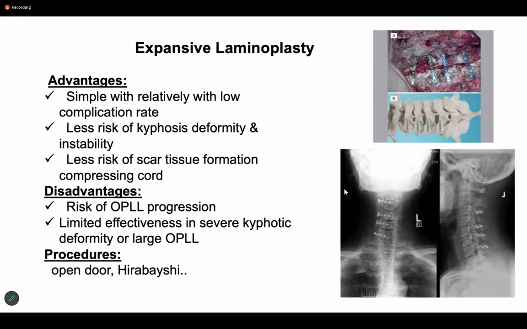It's simple and related with low complication risk, less risk of kyphosis and deformity, and less risk of scar tissue compressing the cord. Some disadvantages are the risk of OPLL progression, and it is limited in effectiveness in severe kyphotic deformity.